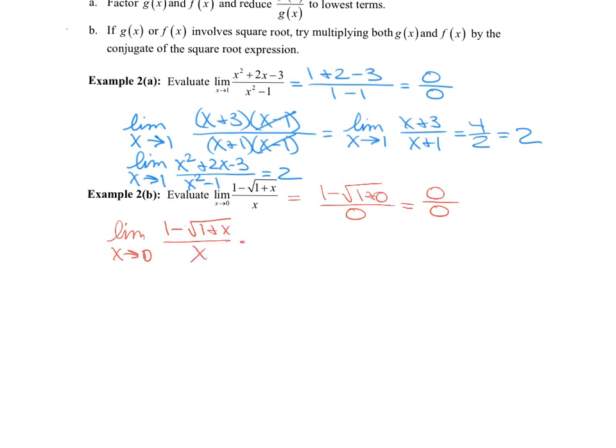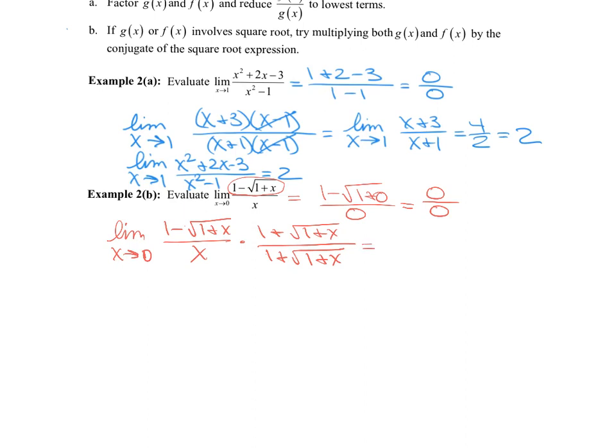And again, the conjugate is you take the numerator and simply change the sign in between the two expressions, so it goes from subtraction to addition. Whatever you do to the numerator, you must also do to the denominator.